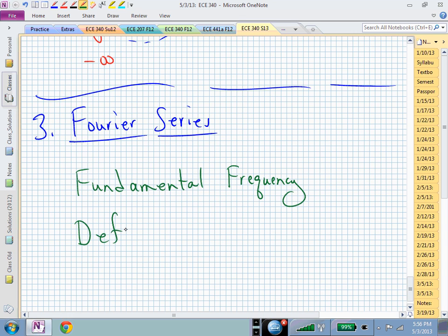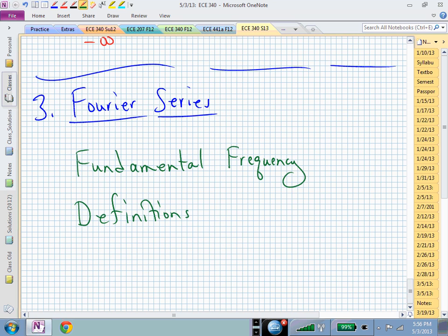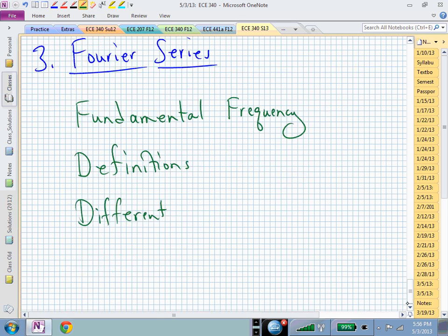And you should have access to all of the definitions of the different forms of the Fourier series. That's another table, I think table 6.1 gives you the formulas and the relationships between those different Fourier series representations.